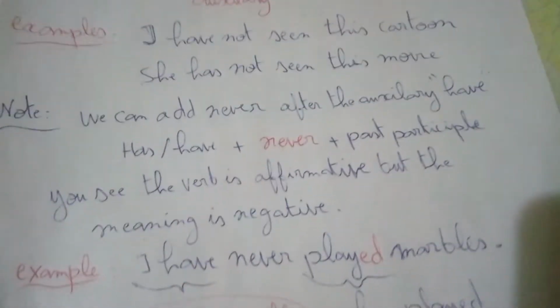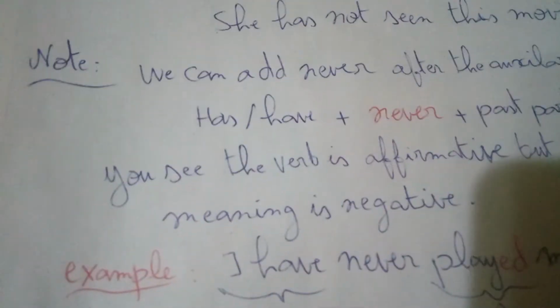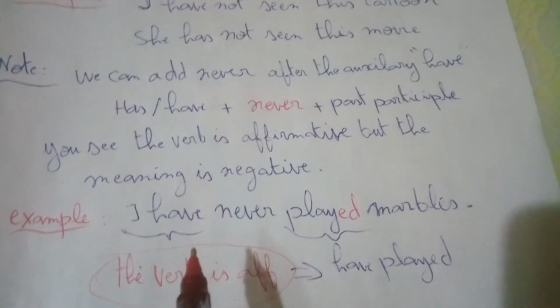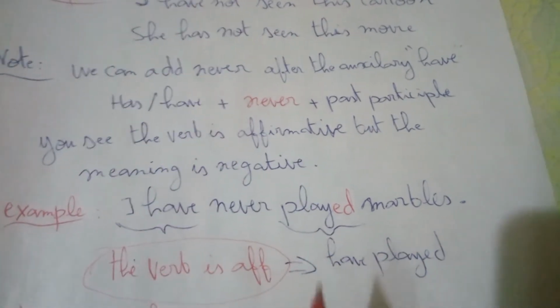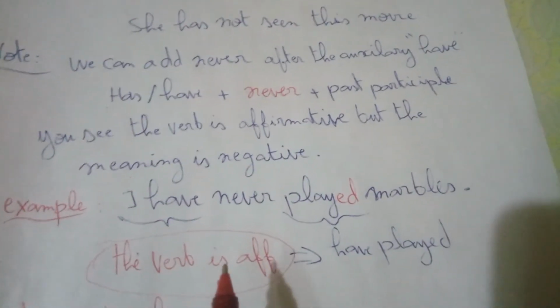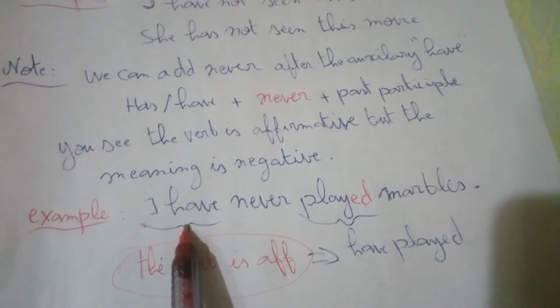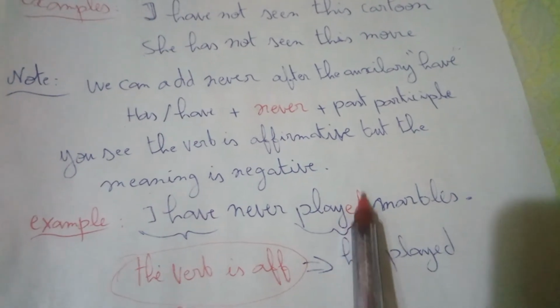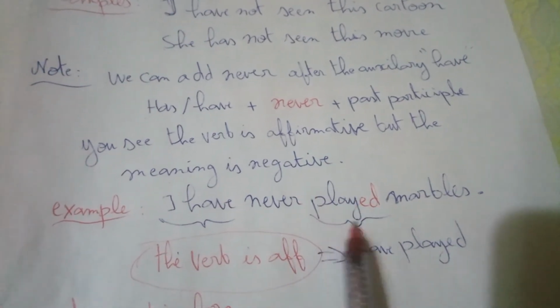In order to understand more, I will give you an example. For example, I have never played marbles. Marbles, you know the marbles. It's an old game. I have never played marbles. Here we have the auxiliary, we have never, and we have played, the past participle of the verb to play.